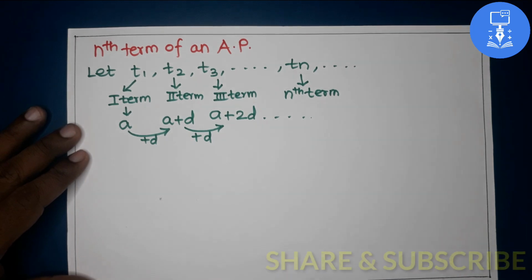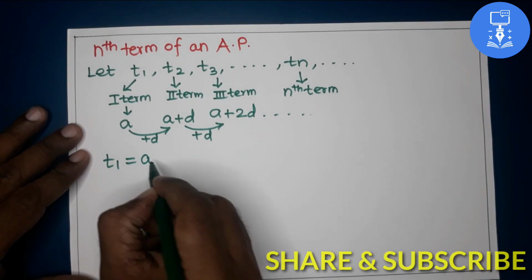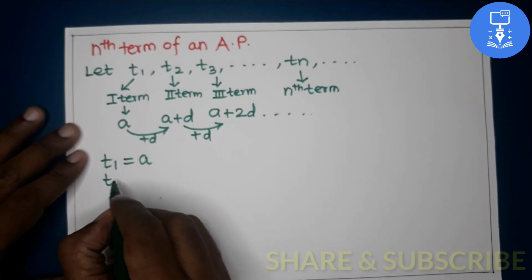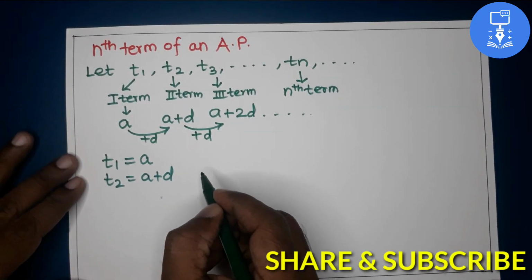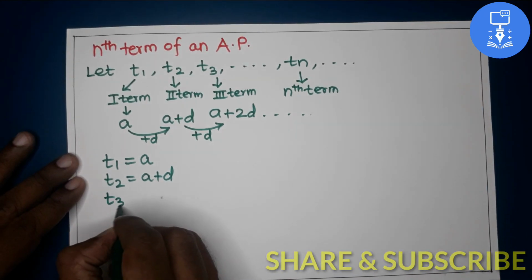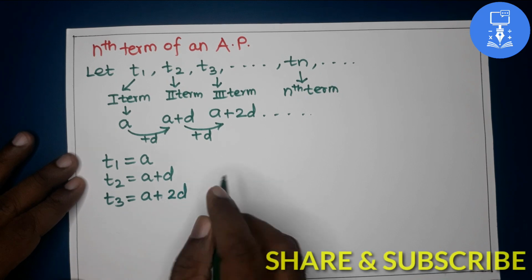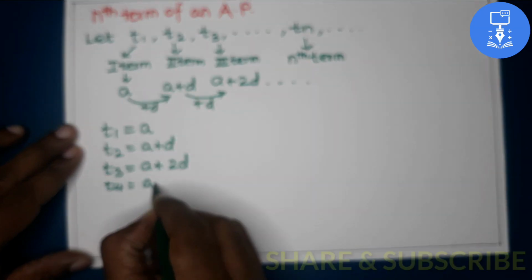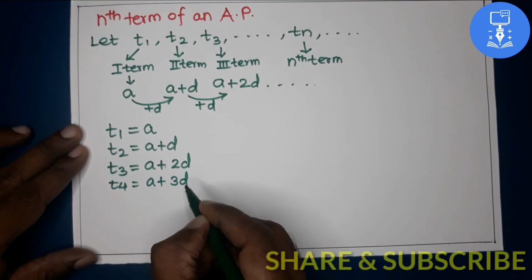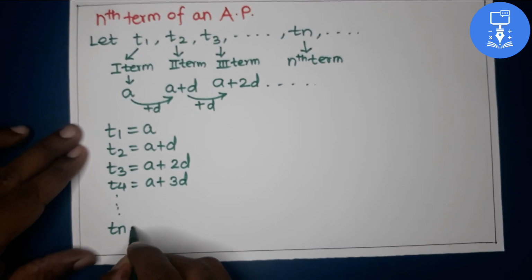Now let's write once again: T1 is equal to A, T2 is equal to A plus D, T3 is equal to A plus 2D, T4 is equal to A plus 3D. Then what will be Tn?